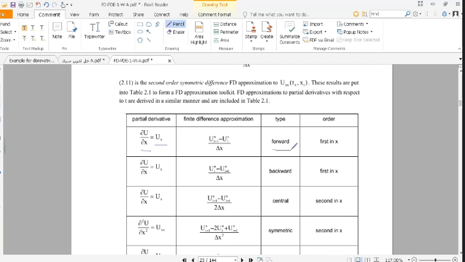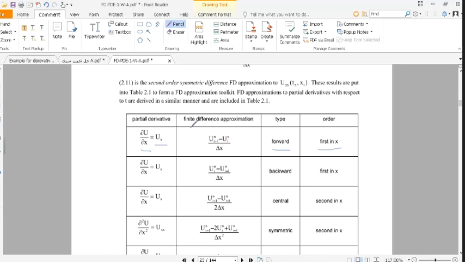This is forward and first order respect x, and the finite difference approximation is u i plus 1 n minus u i n over delta x.